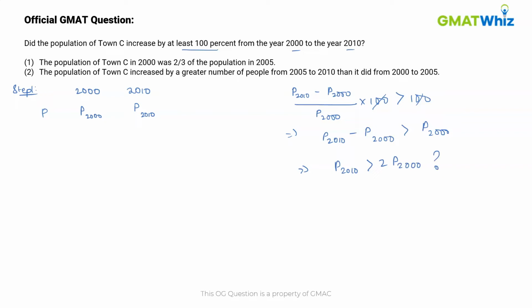So this is the rephrased question that we are asked. We have to find if the population in the year 2010 is greater than twice the population in the year 2000. So now we move on to analyze statement 1, which is our step 2.